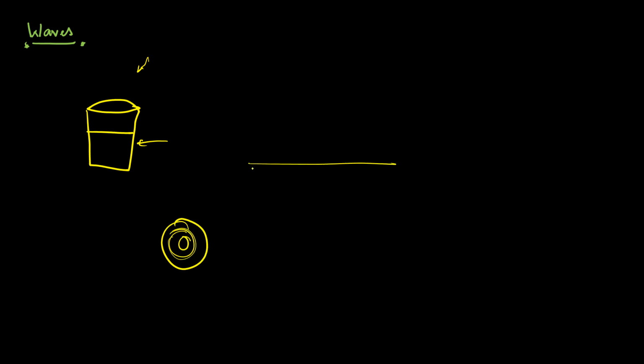Similarly, if there is a pond or a lake, standing water, and you throw a stone, you can see that waves will be formed. If you disturb any medium, whether liquid, solid or gaseous, those are waves.